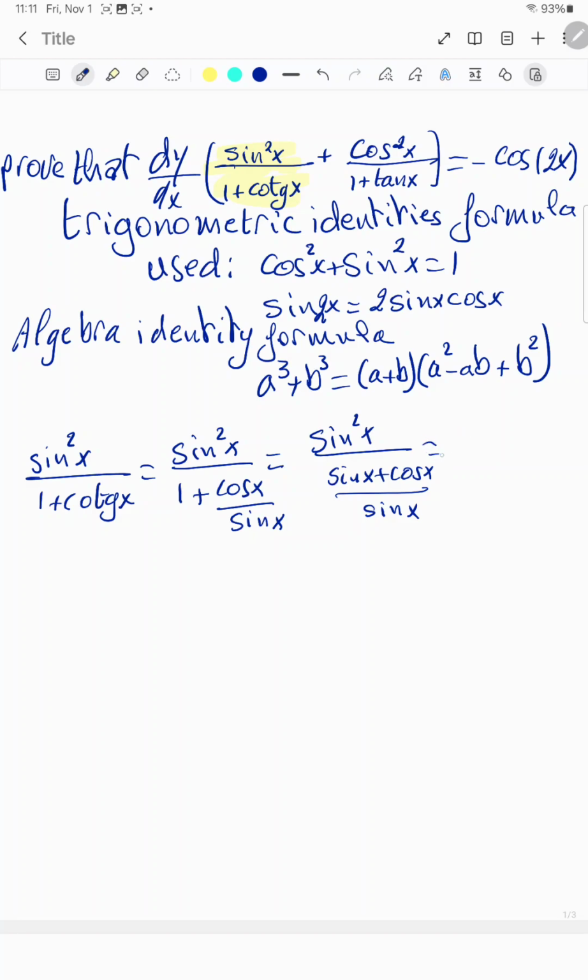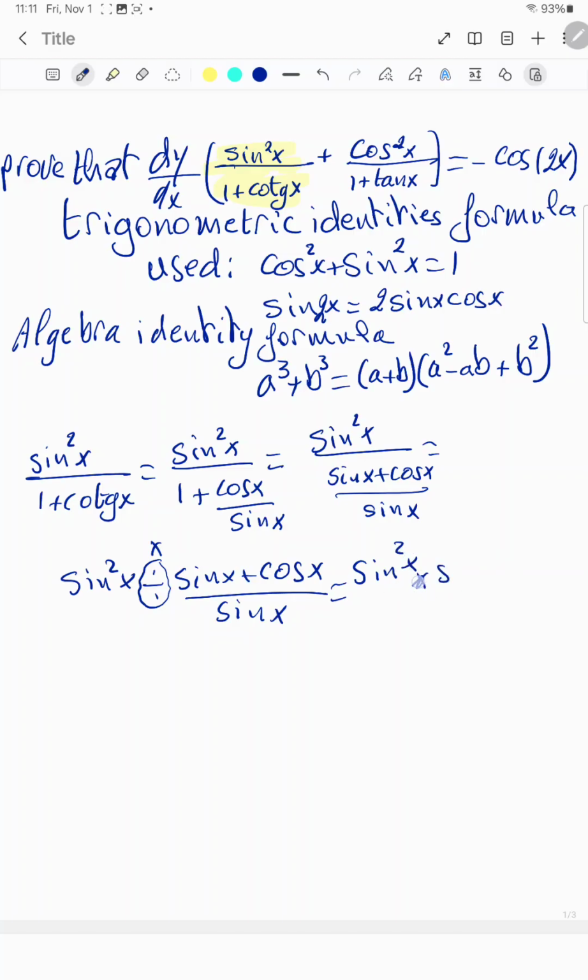So this is equal to sine square of x divided by sine of x plus cosine of x divided by sine of x. And now I can replace the division by multiplication, but I have to flip my fraction. So this is equal to sine square of x multiplied by sine x divided by sine of x plus cosine of x.